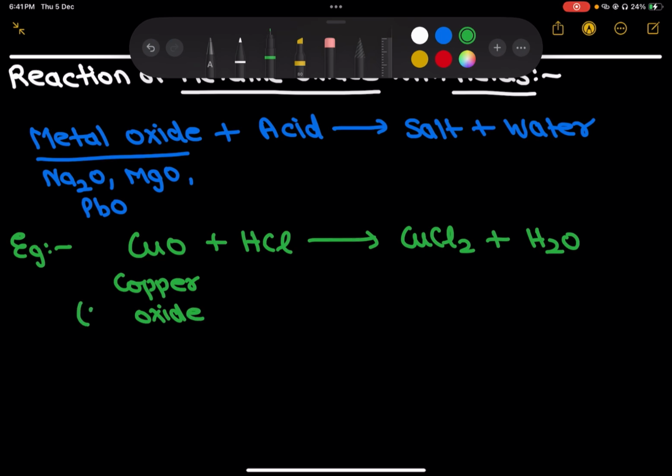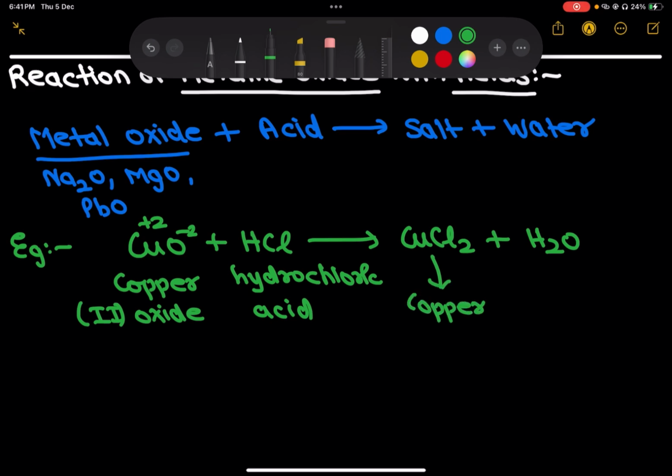Or you can also write it as copper 2 oxide because here the valency of copper is +2. Oxygen -2, copper +2. So hence it is also called copper 2 oxide. Then we have hydrochloric acid, which you are already familiar with. This CuCl2 is copper chloride or copper 2 chloride, whichever, and H2O is water.